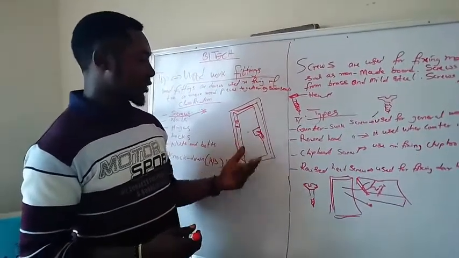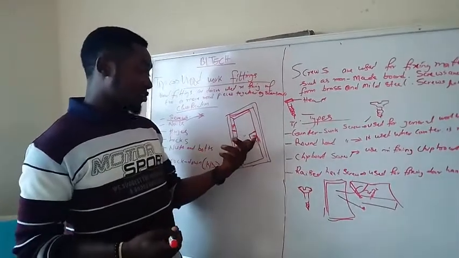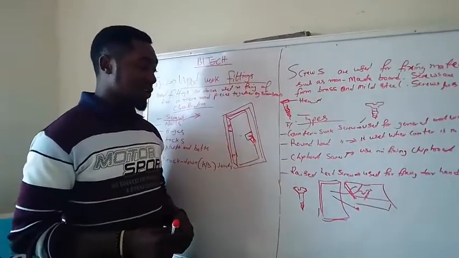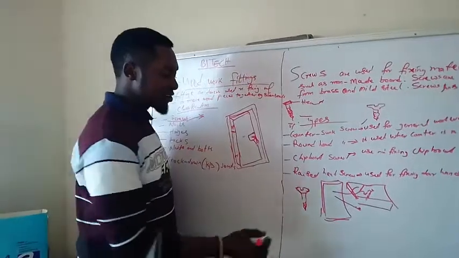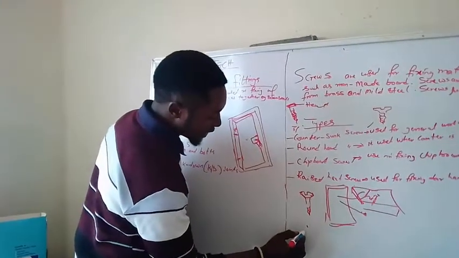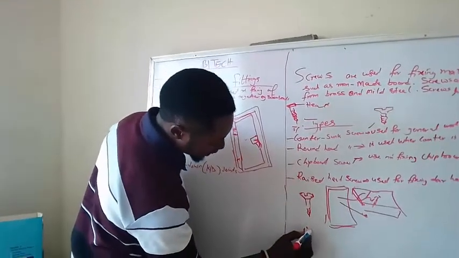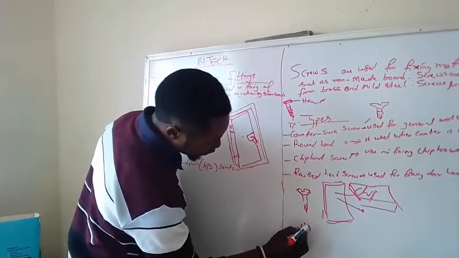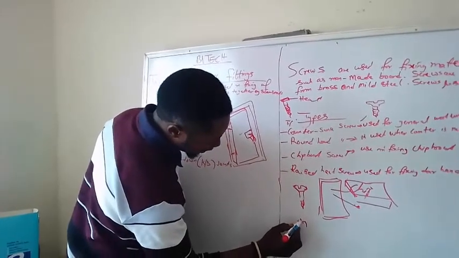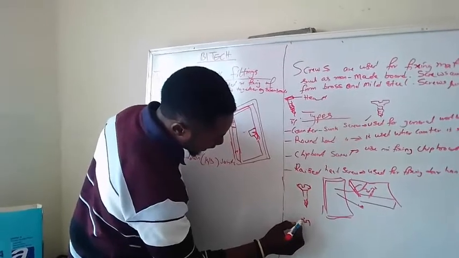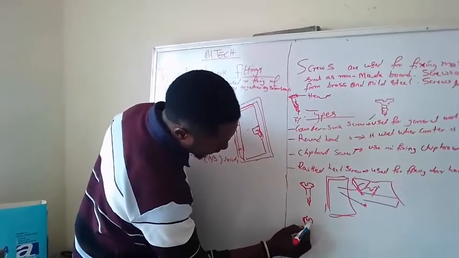The particular type of screw that is possible on this is the right head screw. The right head screw, the head has a very good thickness compared to countersink, and it is cheap.